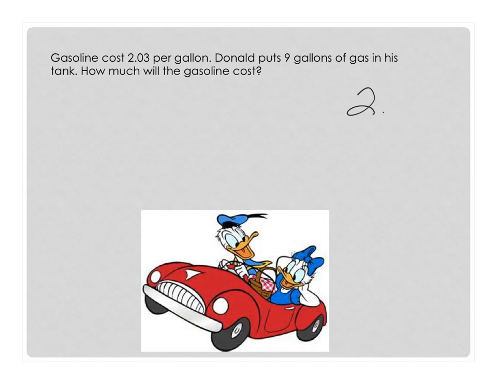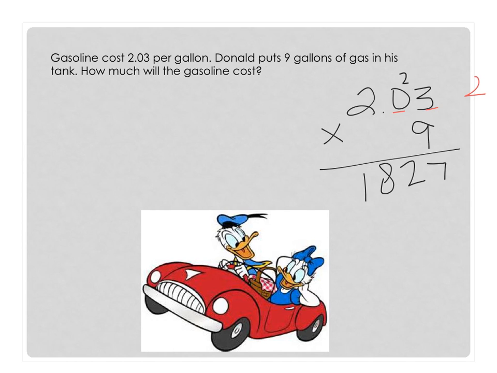We have $2.03 times the 9 gallons he wants to put in his tank. 9 times 3 is 27. 9 times 0 is 0, plus 2 is 2. 9 times 2 is 18. Got to figure out where to put that decimal point. I have 1, 2 places behind my decimal here. I have 0 places here.